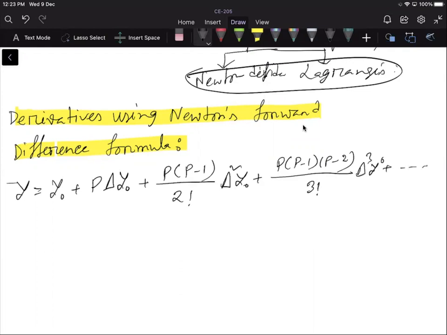Here, for forward difference, p = (x − x0)/h.